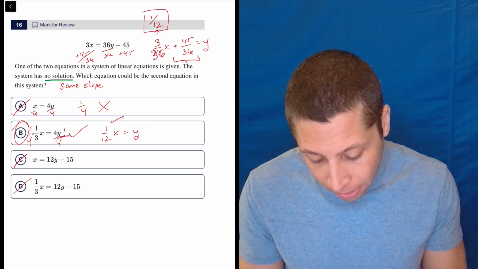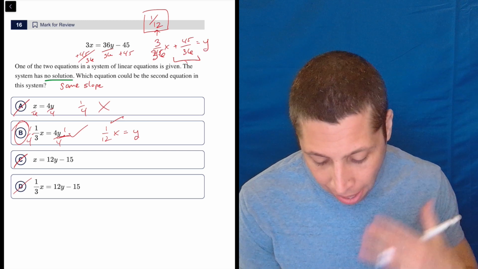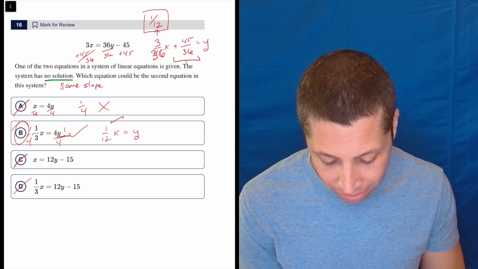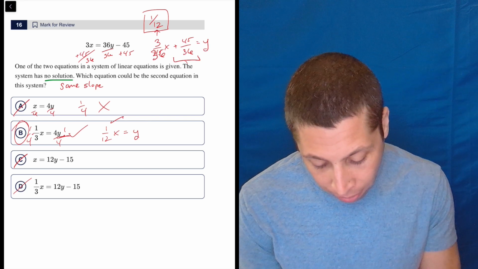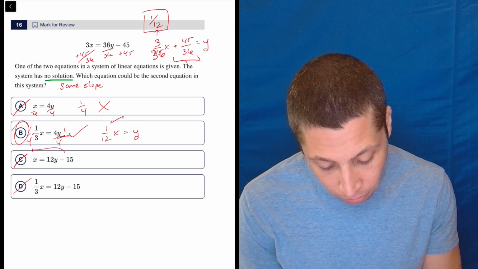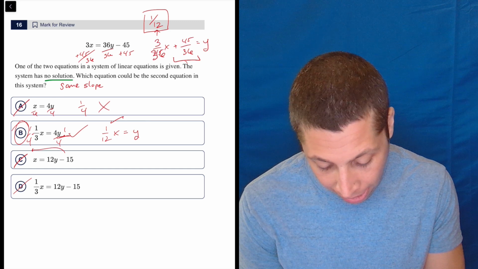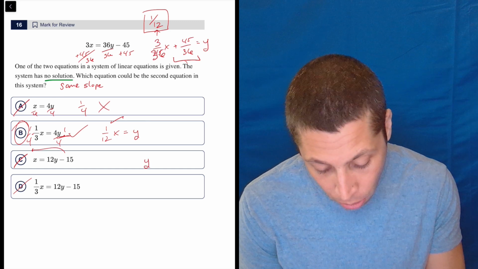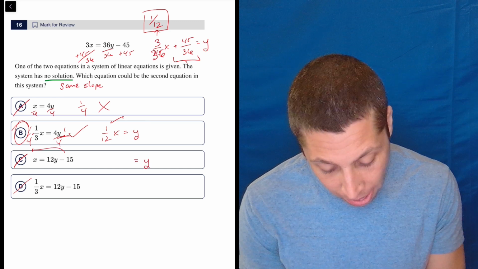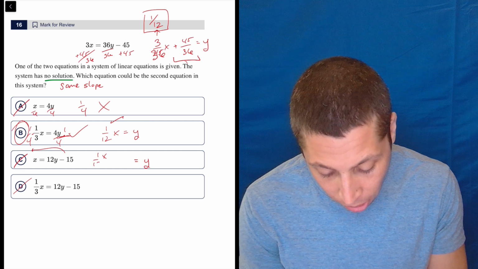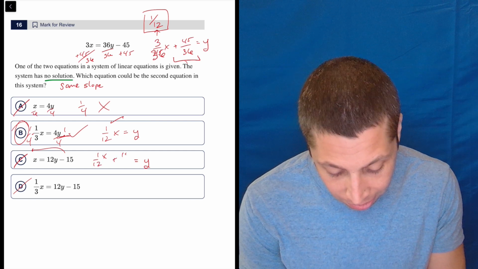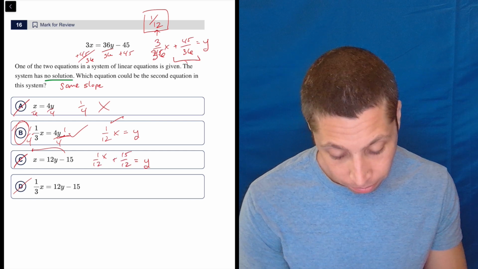But if I did the same thing on C and I start moving things around, this is where things get a little risky to me. I'd add the 15 over, and I divide by 12. I'd end up with, I hate writing the y on the right side, but fine, y equals 1/12 x plus 15 over 12.